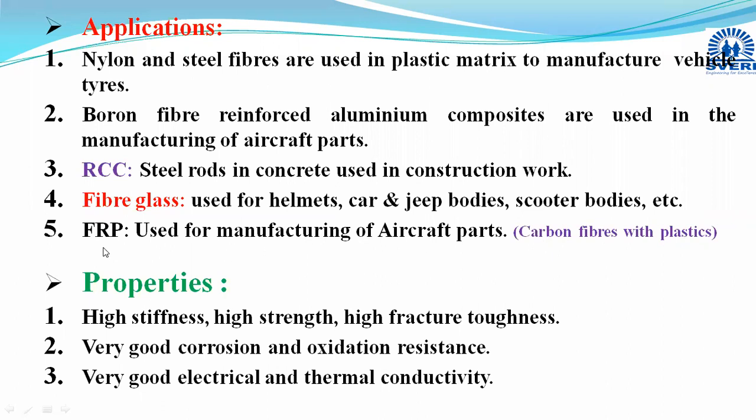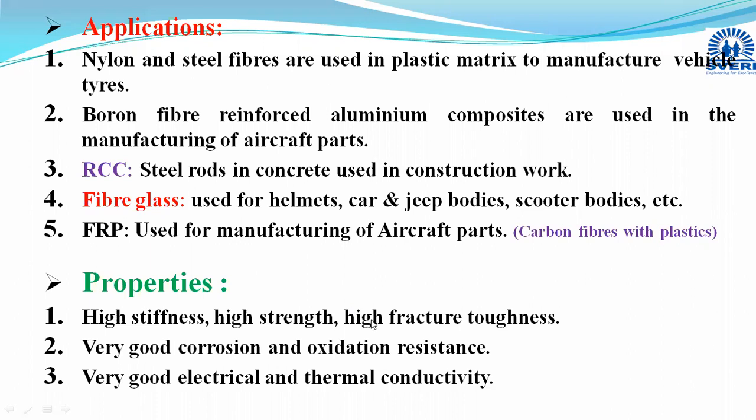We can use FRP, that is fiber reinforced plastic materials, in manufacturing of different aircraft parts. So there are a number of examples. You can manufacture different composite materials. A number of practical applications are there for these fiber reinforced materials.